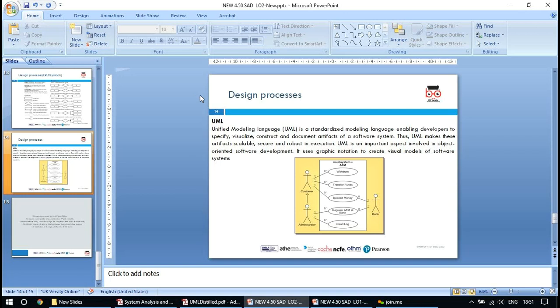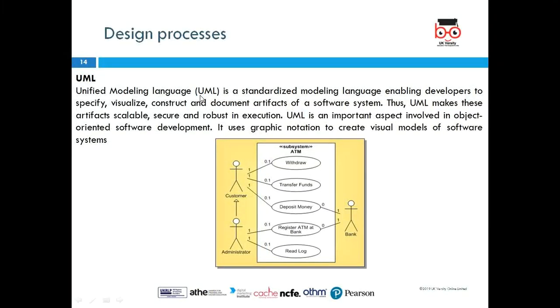So UML is a kind of modeling language, and its name is Unified Modeling Language. It's a modeling language that helps you do the modeling, like in normal modeling, the fashion designing modeling.